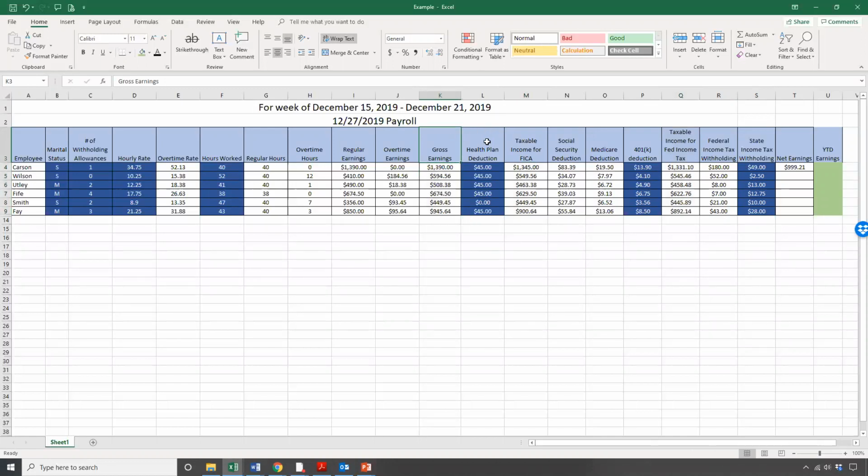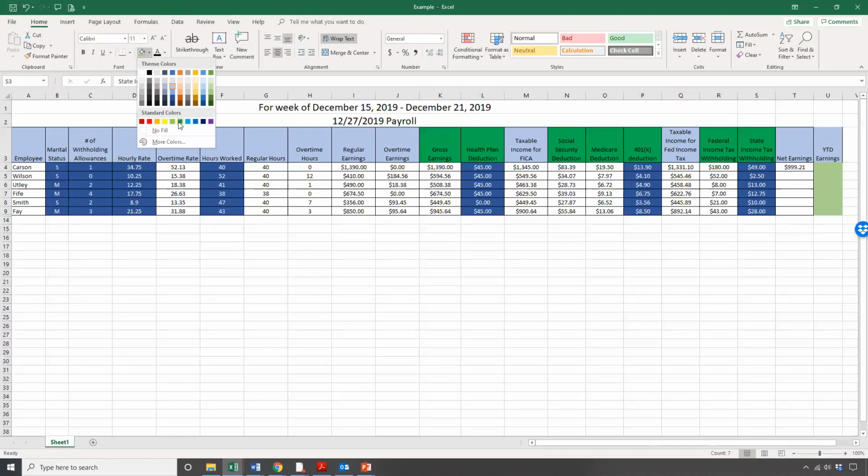Here, I'm going to highlight the boxes in some weird color. So those are going to be how you calculate your net earnings. Okay. So that should be straightforward. Once you get that calculated out, let's go ahead and we'll just copy that down here.